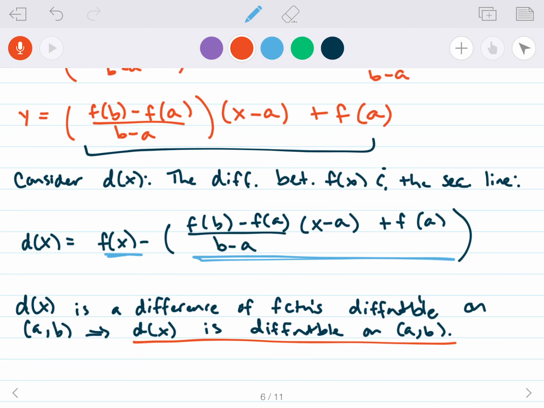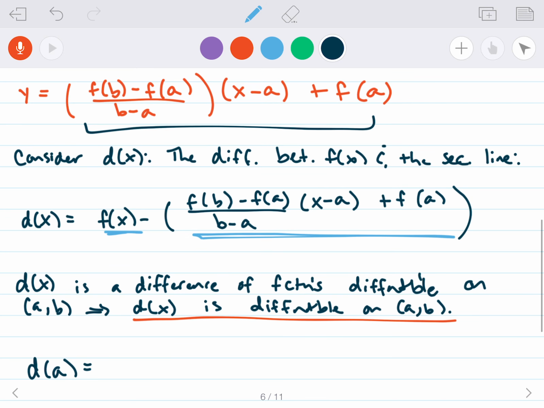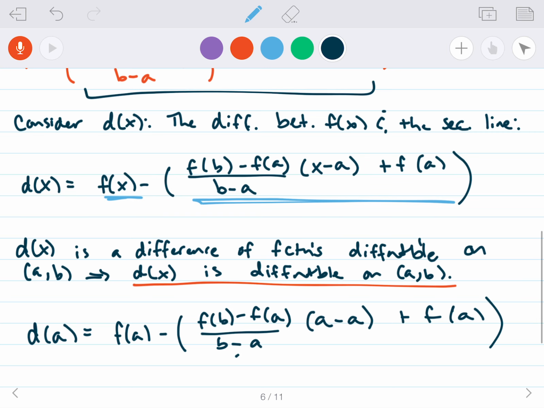All right. Also, notice that d of a, if I plug in a into this function, I get f of a minus, and so on, b minus a times a minus a, plus f of a. So this goes to 0, and then we have f of a minus f of a goes to 0.